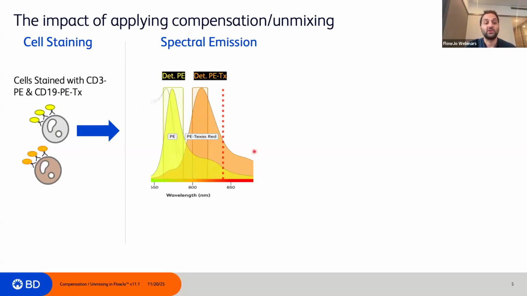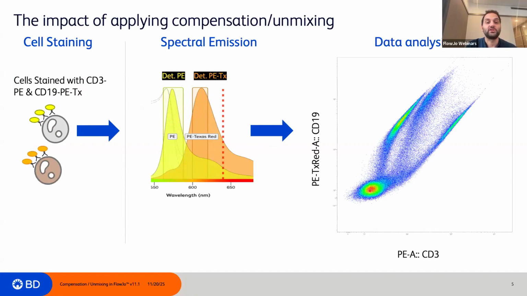So we would actually have populations that are double positive for both cases. Now here, both CD19 and CD3 populations appear double positive. So looking at this, we have two double positive populations, which do not correspond to true biology.